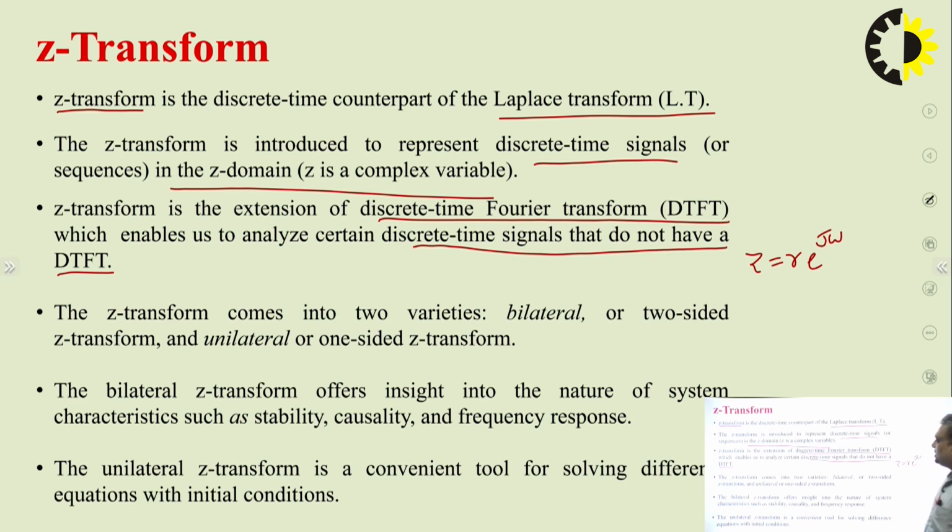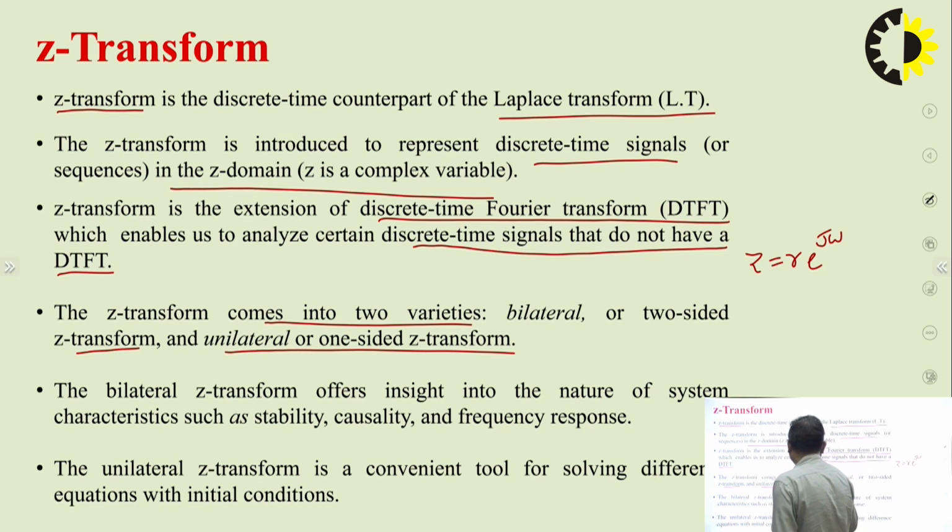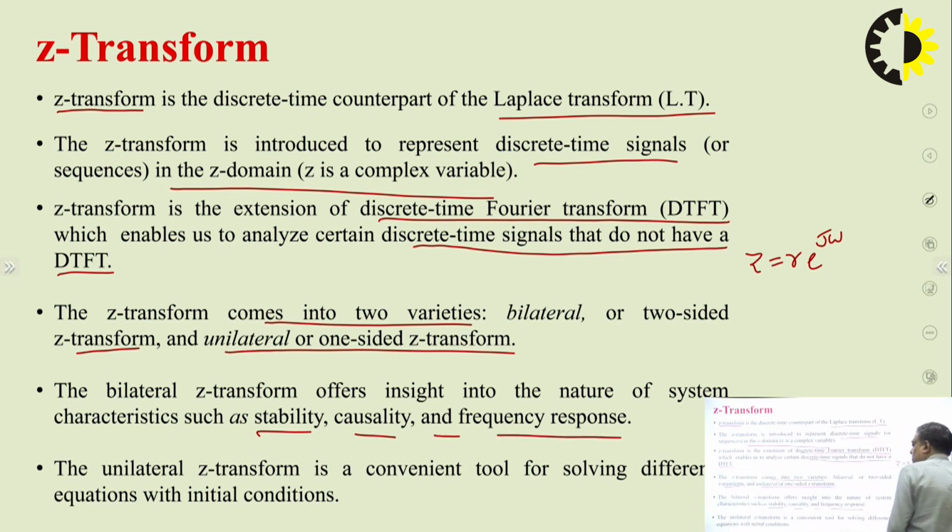Again, like the Laplace transform, the Z transform comes in two varieties: the bilateral or two-sided Z transform, and the unilateral or one-sided Z transform. Similarly, we have seen this in the case of the Laplace transform. The bilateral Laplace transform is generally used for finding the nature of system characteristics such as stability, causality, and frequency response of an LTI system.